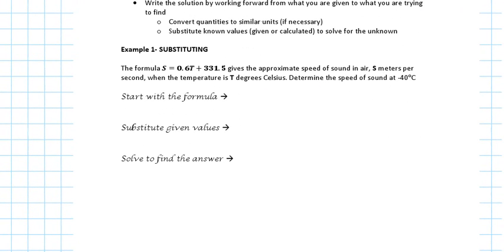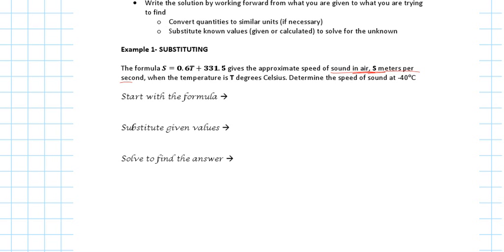So what's given to me? The formula and T. Yeah, so T, the temperature, is given to me, right? Remember that whenever they give you a question like this, they define what each letter represents. They have to tell you that S is the sound in air, right? And they give you the unit for it.